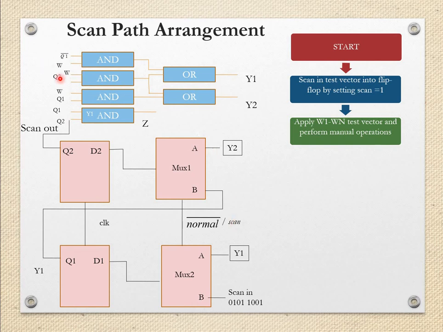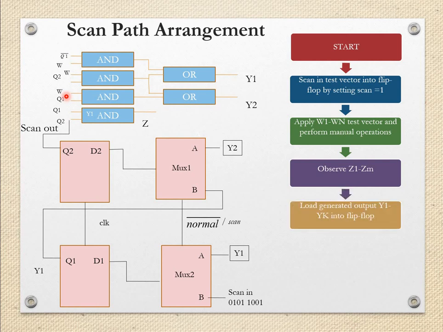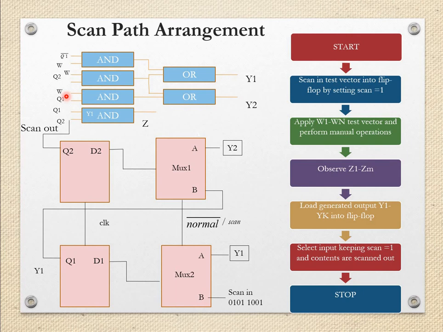So here we have to apply all of W1 to Wn. Observe Z1 to Zm, that is the outputs. Load the generated output Y1 to Yk into the flip-flop, select input keeping scan equal to 1, and the contents are scanned out, and then we will stop.